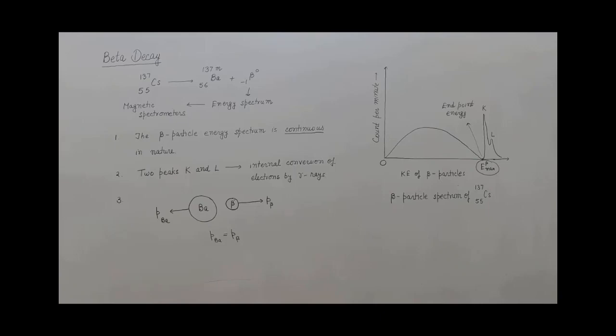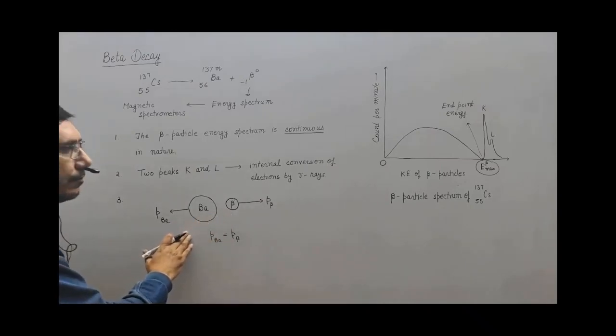Whatever momentum beta has, the momentum of the recoil nuclei should be equal and in the opposite direction. But experimentally this is not observed.